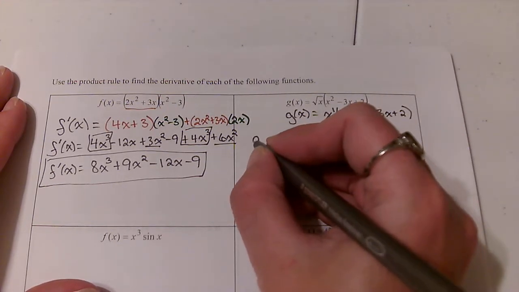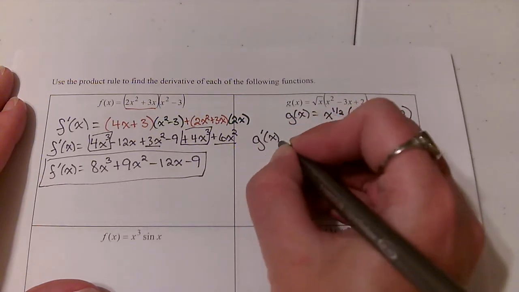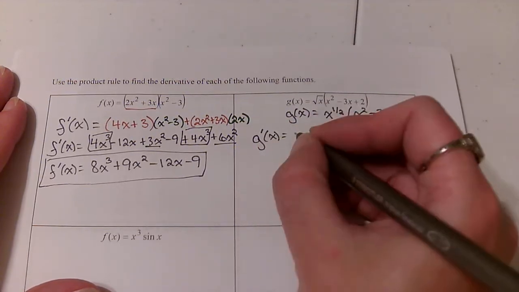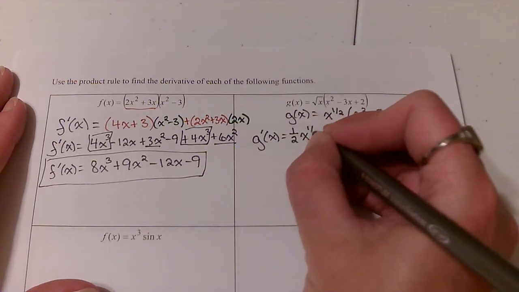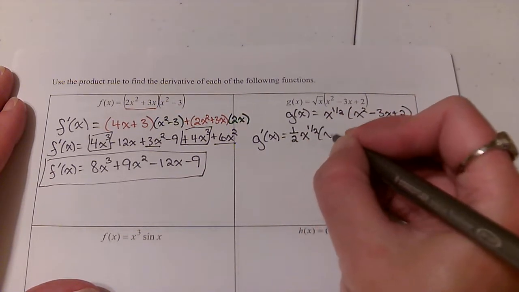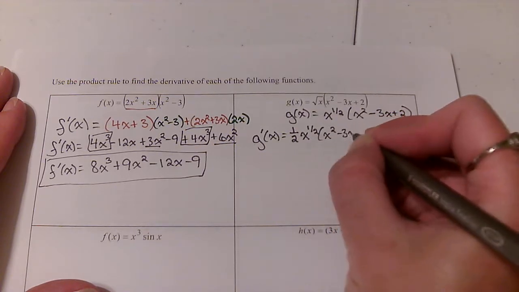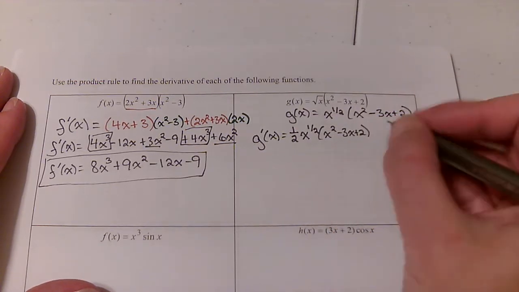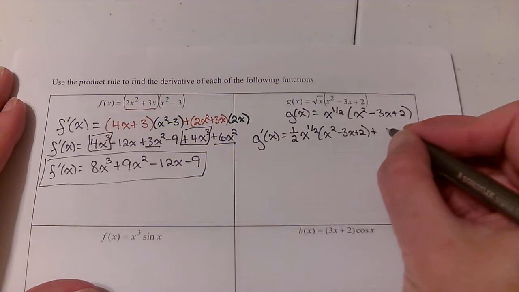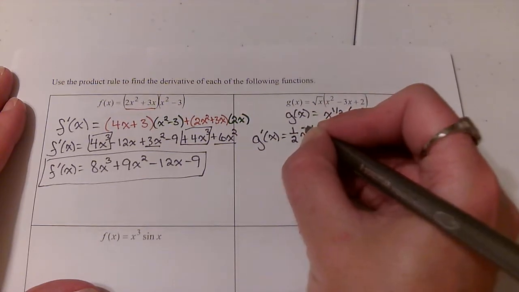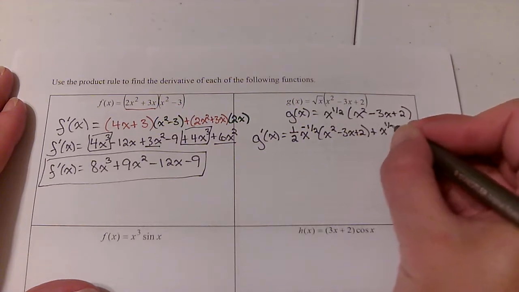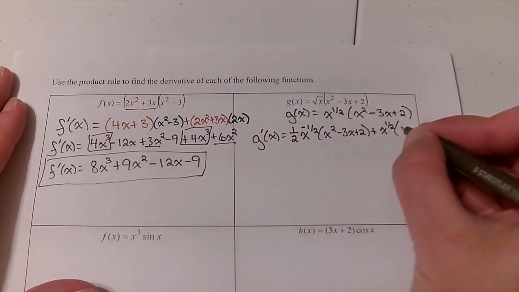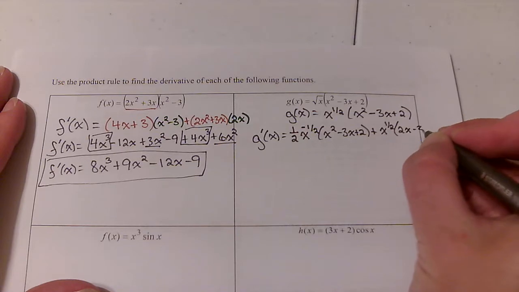G prime of x equals the derivative of the first times the second plus, whoops, that should have been negative 1/2. Oh, I hope you caught that. Plus the original first times the derivative of the second.